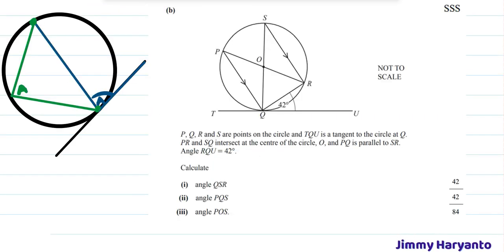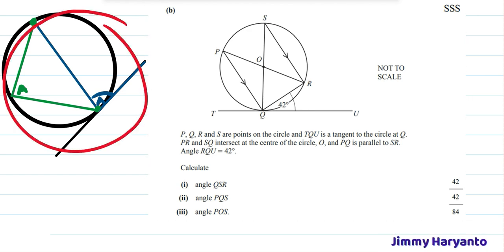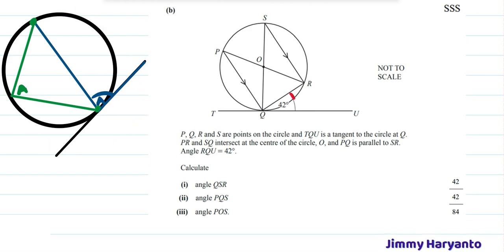Okay, next is this one. To solve these equations, maybe you will need this formula. If this one is 42, I'll show it to you. This one is 42. That means this one is also 42. And if that one is 42, this one will also be 42. Okay, nice.